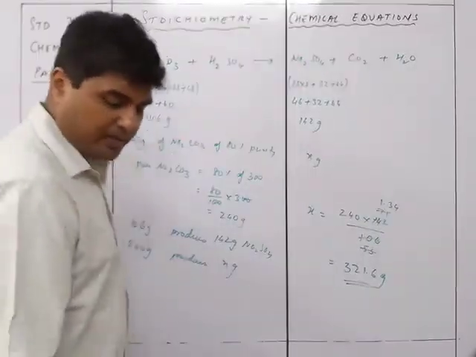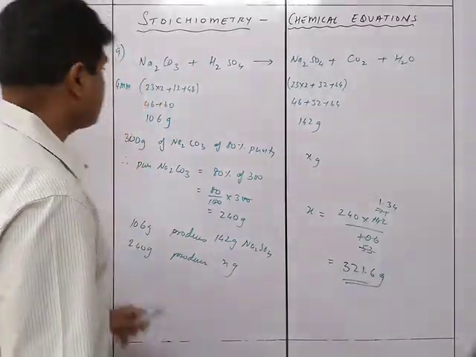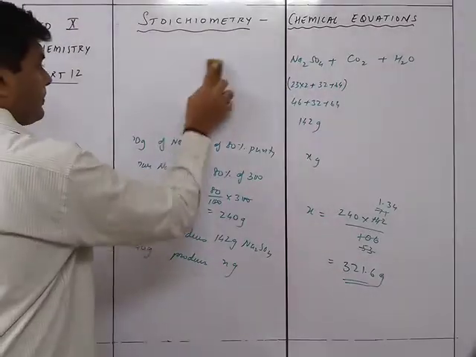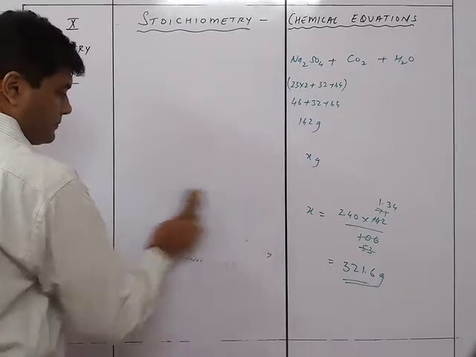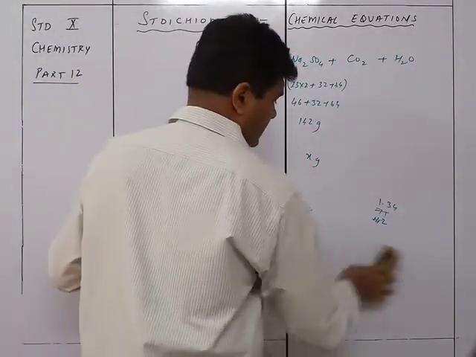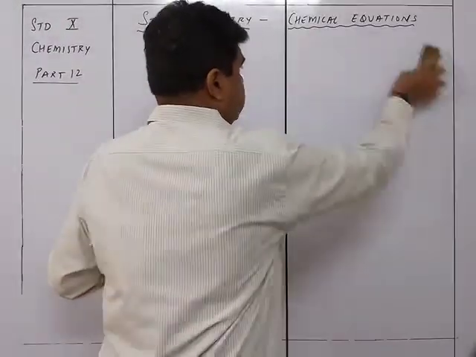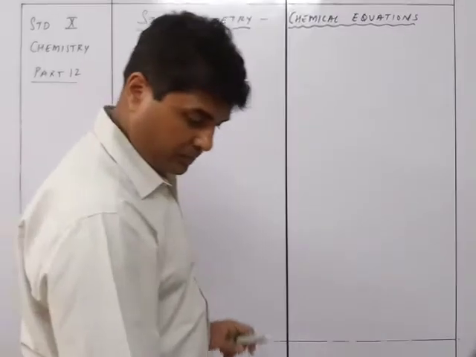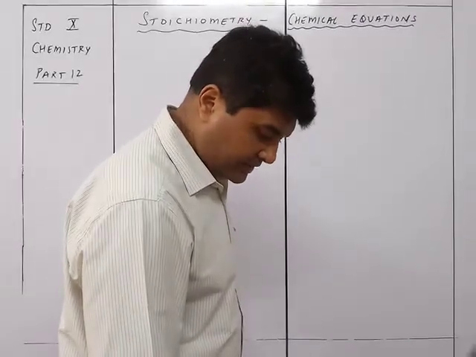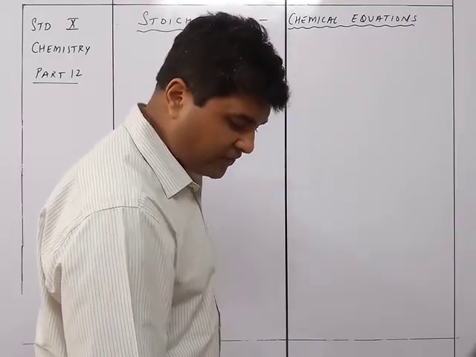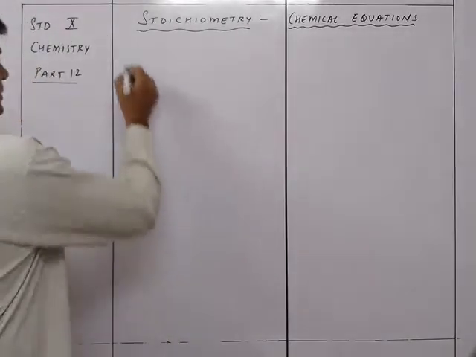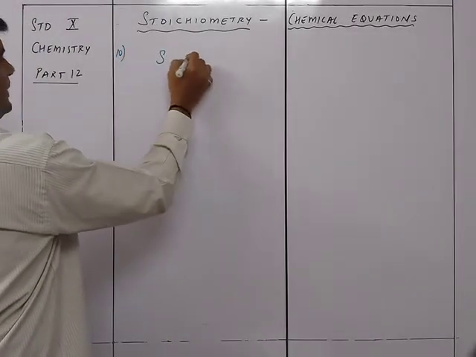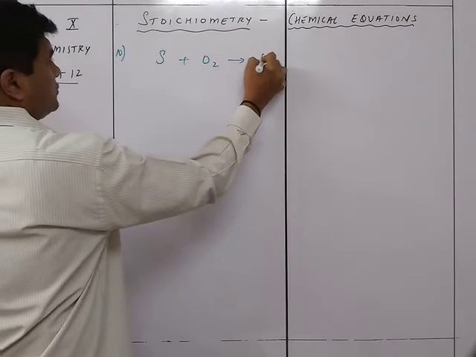We now move on to sum number 10. Sulfur burns in oxygen to give you sulfur dioxide. Easy thing. S plus O2 giving me SO2.